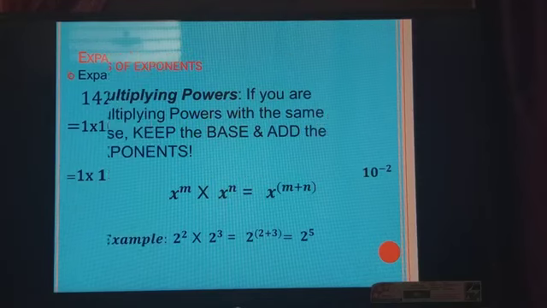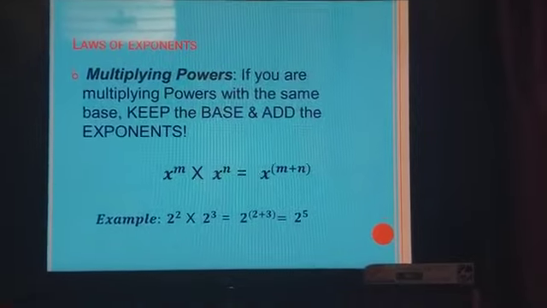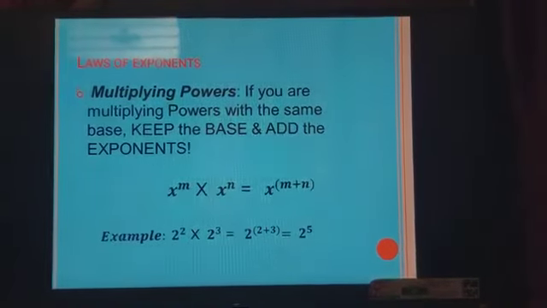So now again the laws of exponent, multiplying powers. It is very useful when we multiply powers with the same base and different exponents. We get the same base and add the exponents.